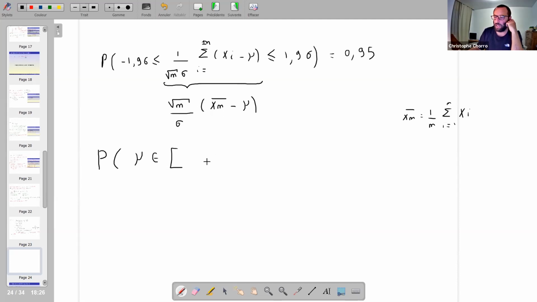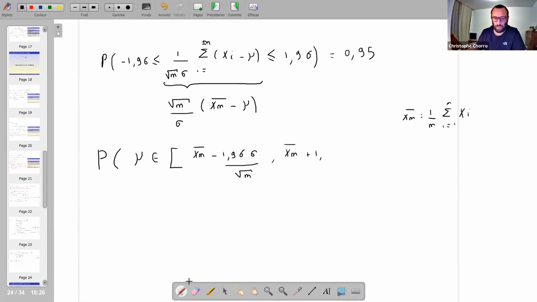So I obtain something like this in the construction of the confidence interval. The probability that mu belongs to X̄n minus 1.96 sigma over the square root of n, X̄n plus 1.